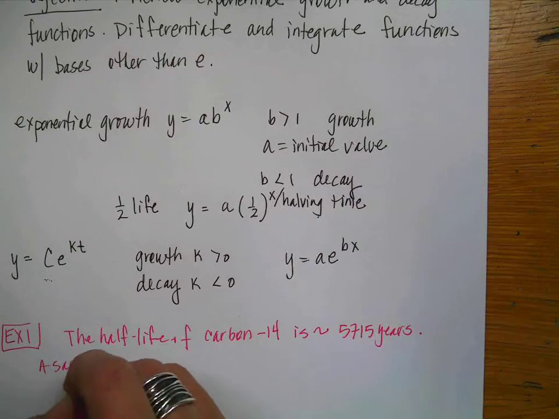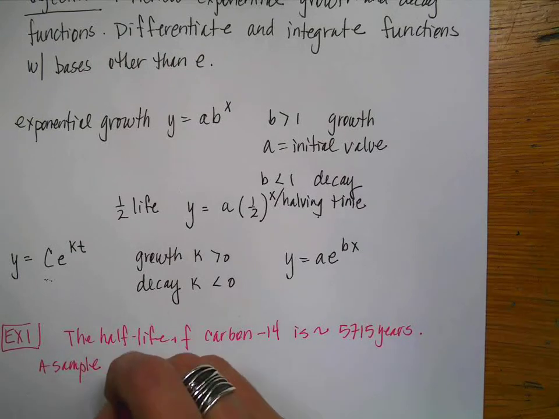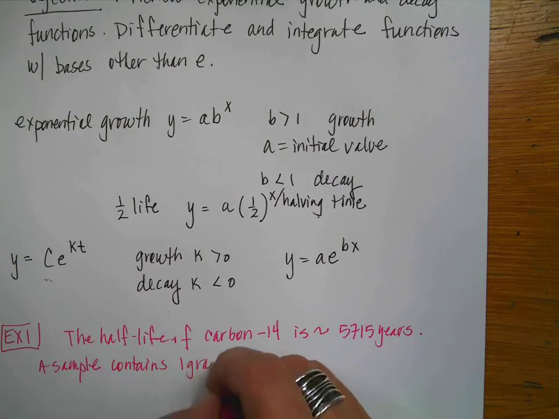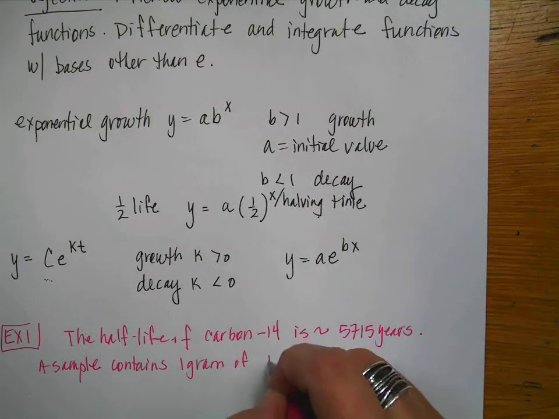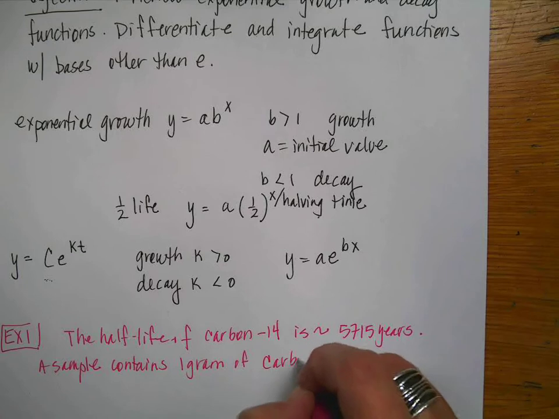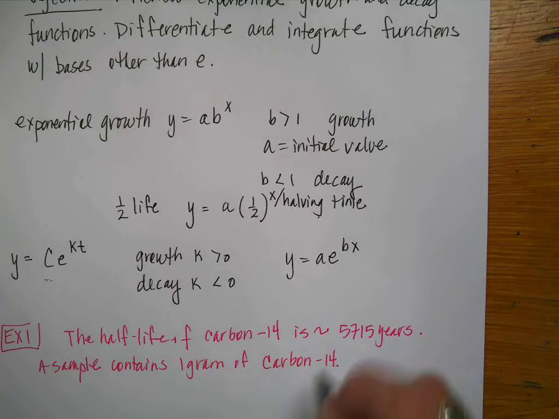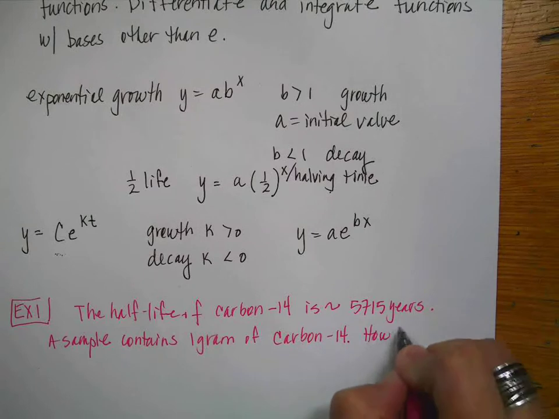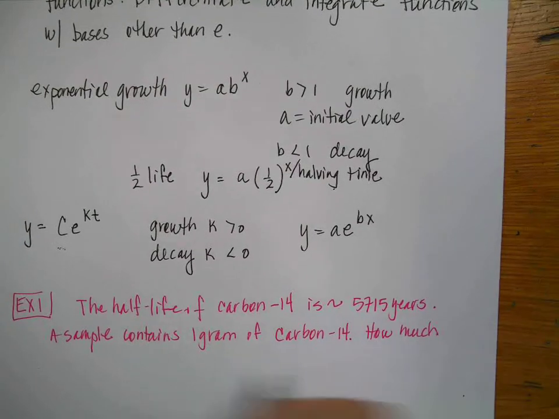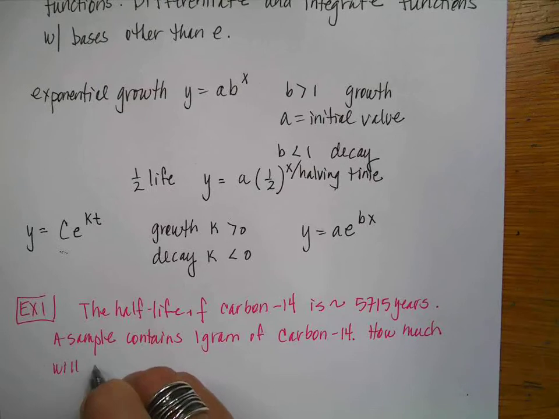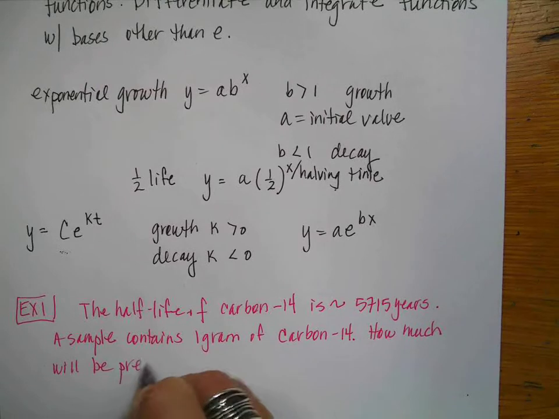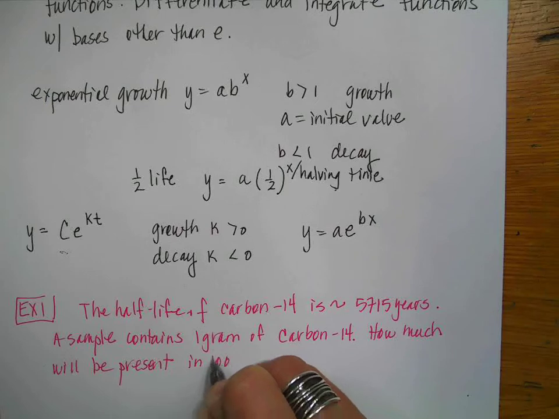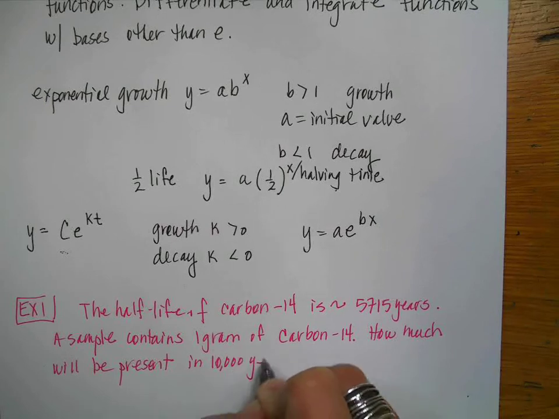A sample contains 1 gram of the carbon. I was going to put an initial, but I don't know if that's right because I don't remember my periodic table well enough. How much will be present in 10,000 years?